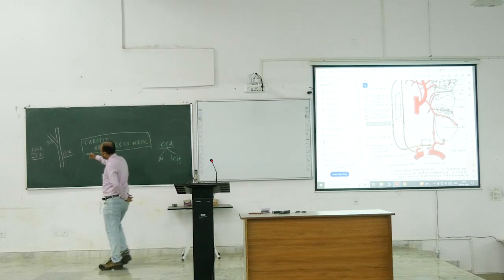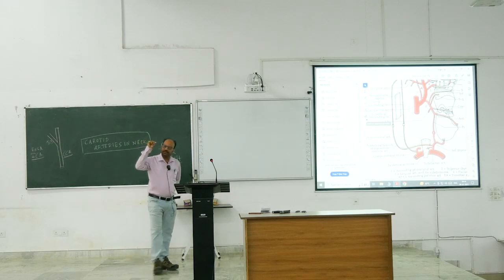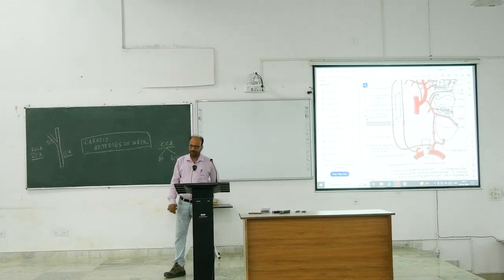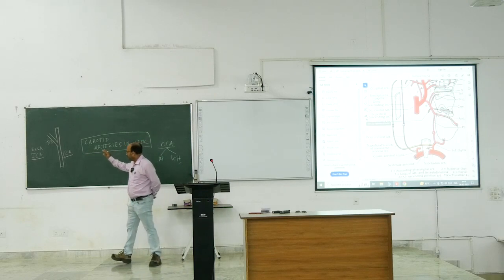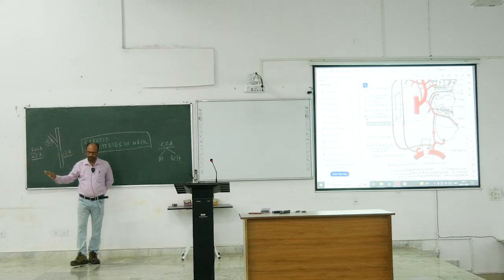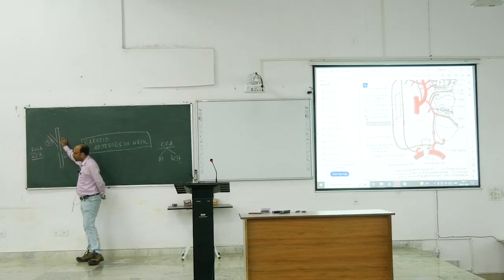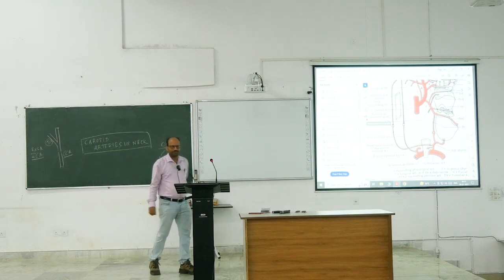Through this bony canal, deep to the parotid gland, the internal carotid artery goes inside the brain. So it is not present in the neck. The internal carotid artery has no supply in the neck. Only the external carotid artery has branches in the neck.